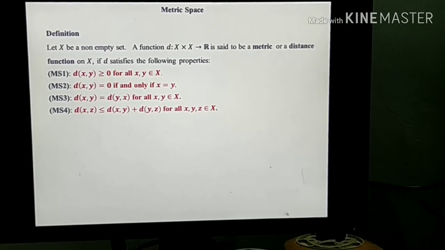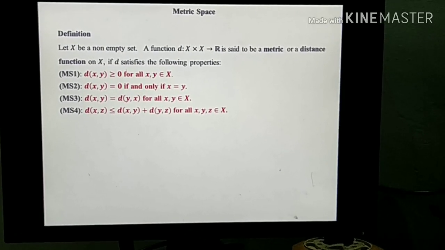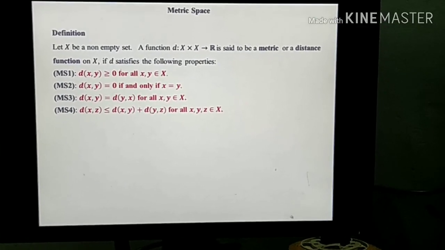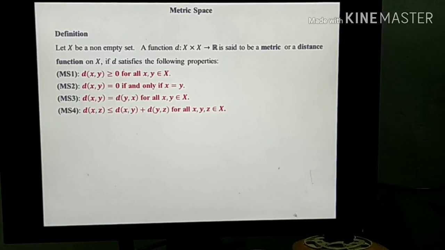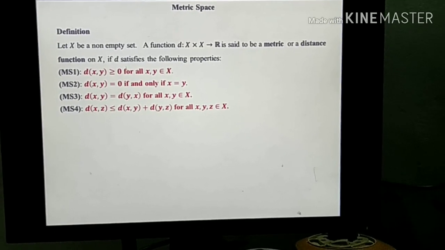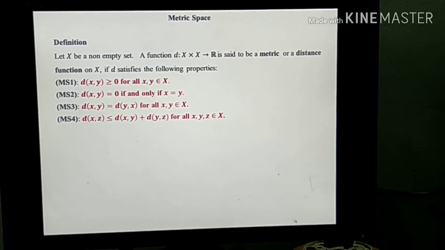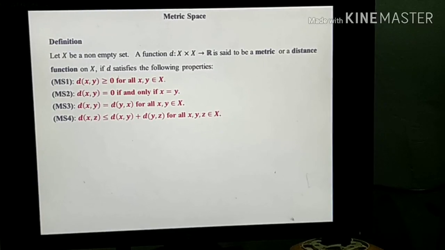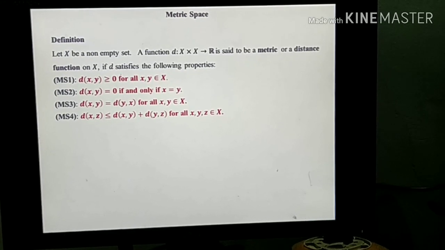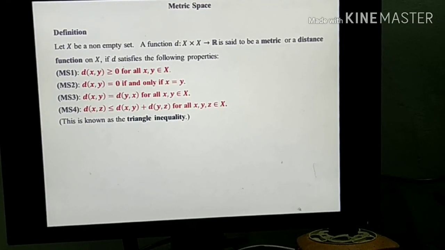Fourth property is d(x,z) is less than or equal to d(x,y) plus d(y,z) for all x, y, z belongs to X. That is, the distance between any two elements in X is always less than or equal to the sum of the distances of those two elements from any third element of X. Those three elements may form a triangle, and hence this property is also called the triangle property or triangle inequality.